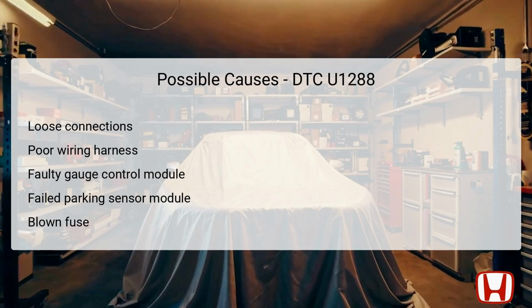Similarly, a malfunctioning parking sensor module may not relay information, creating communication issues. Lastly, a blown fuse, particularly the C11 7.5 amp fuse, may cause a break in the power circuit, leading to this error code appearing in the diagnostic system. Each of these components must be examined during troubleshooting to determine where the fault lies.